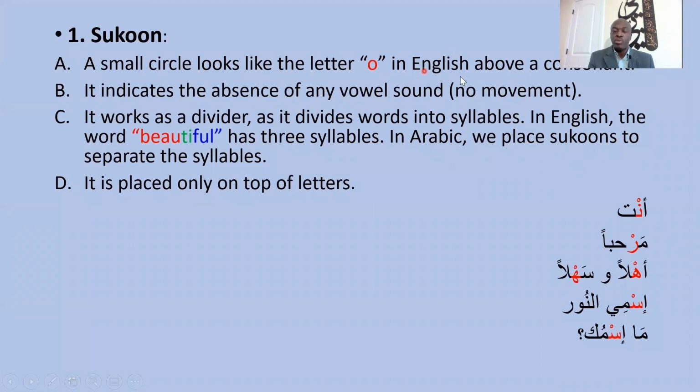So we put the sukun to indicate that there is no movement on that letter. That letter is static. It indicates the absence of any vowel sound, whether it's a short vowel or a long vowel, there is no sound whatsoever. So that's why we put a sukun.